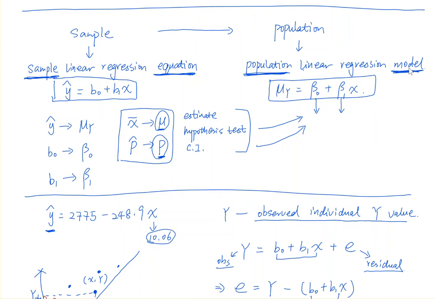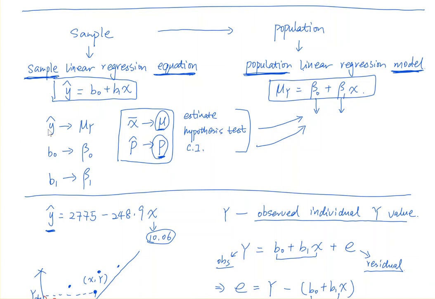Alright, so that means if this regression is about the sample, we call it an equation. If it is to describe the population, then we call it a regression model. So the population regression model will be mu of y equals beta 0 plus beta 1 x.